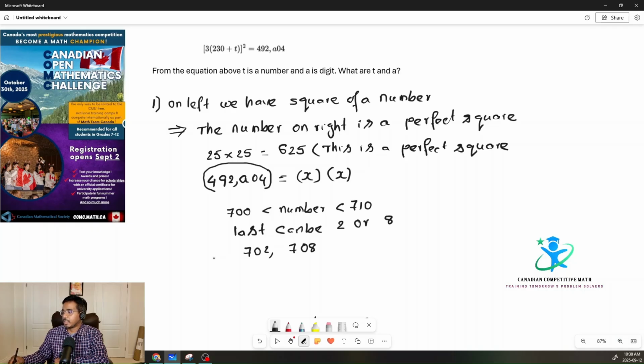Okay, so I need to explore which of them is the correct square root for this number, right? 702 times 702. Sorry, I made a mistake here.